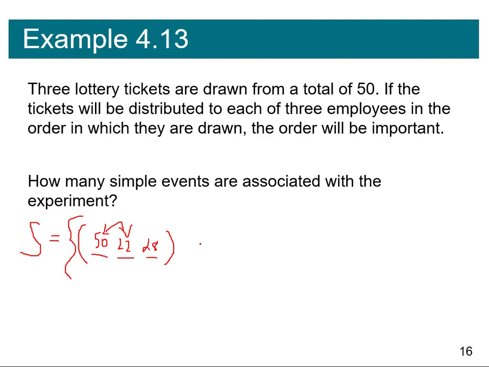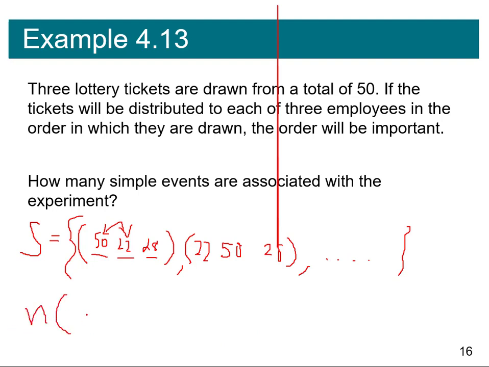Another could be 22 first, 50 next, and 28. That's another element in the sample space. You can see there are going to be many, many elements in the sample space. So how many elements are going to be in the sample space?